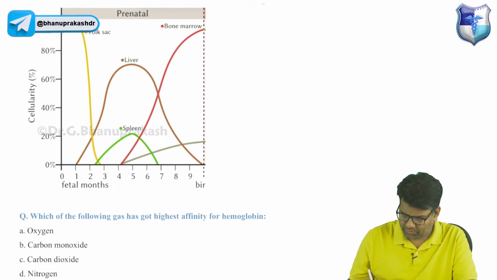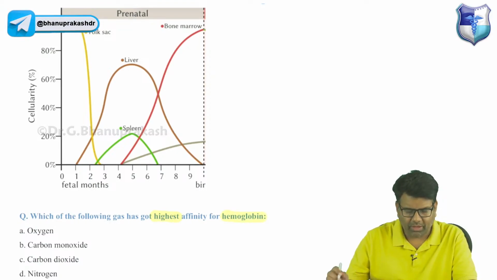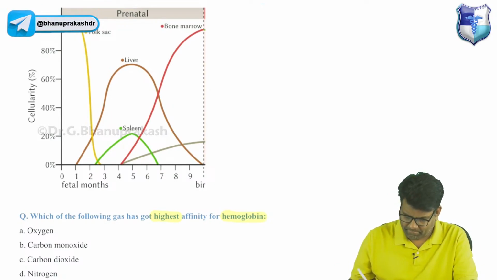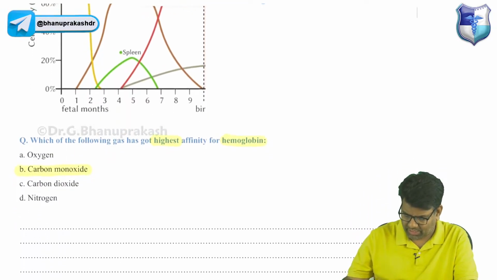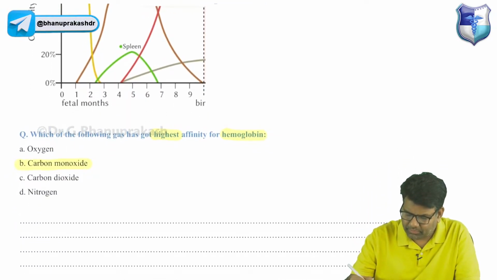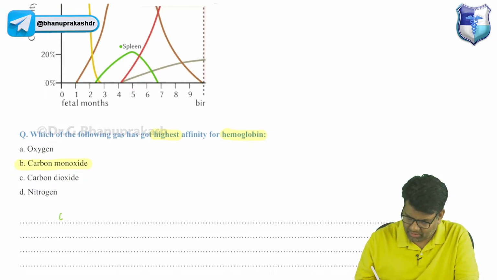Next question: which of the following gases has got the highest affinity for hemoglobin? Anyone? Perfect. So this is carbon monoxide, and carbon monoxide has got the highest affinity for hemoglobin, right?